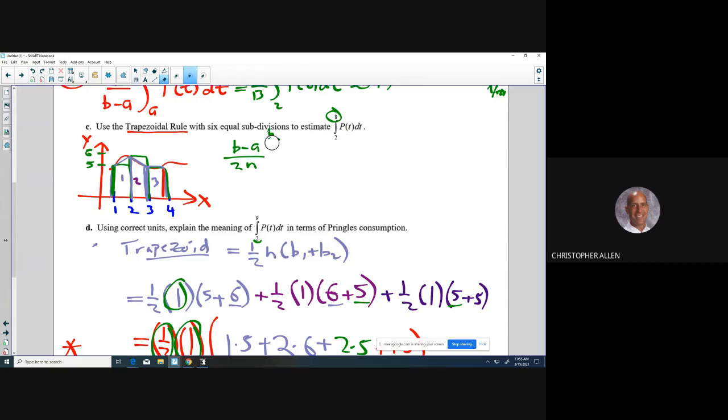We're not doing the integral, we're just doing the trapezoid over here. So we're going to do p of, the first one was 2, right? Plus 2 times p of, the next one would be 3, plus 2 times p of, and I just wrote an extra set of parentheses I didn't need there.